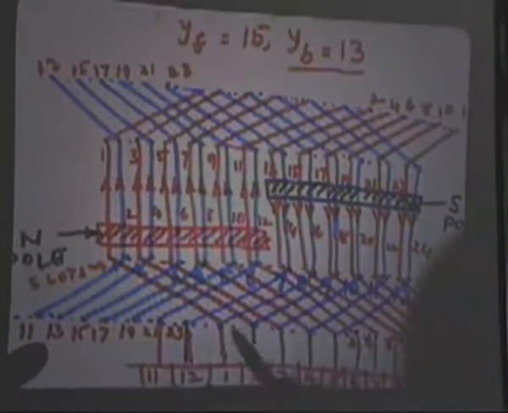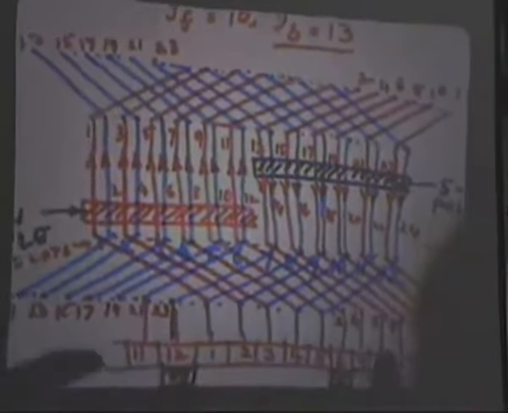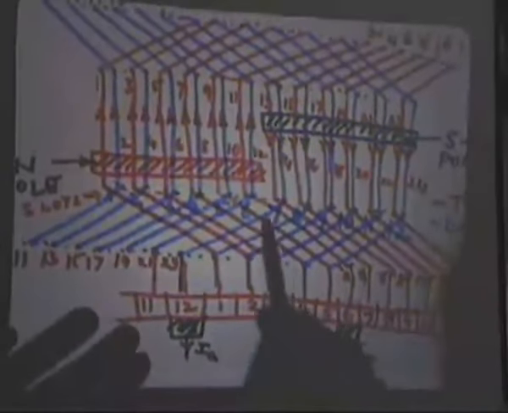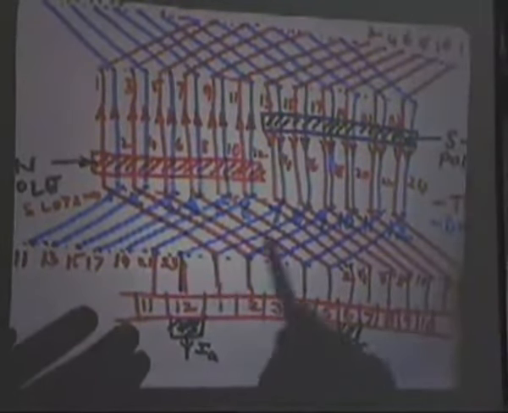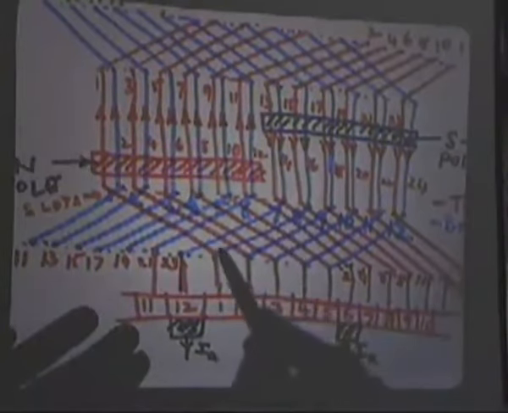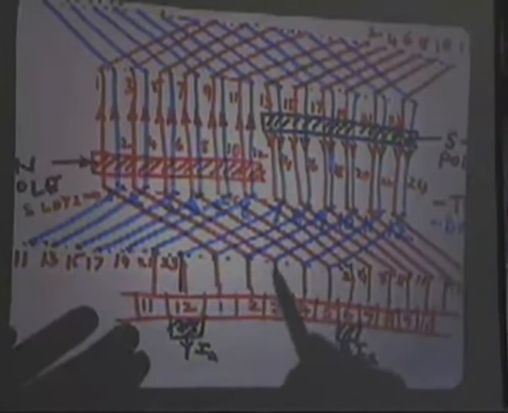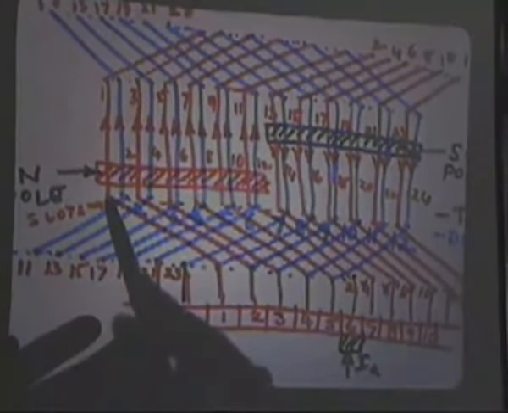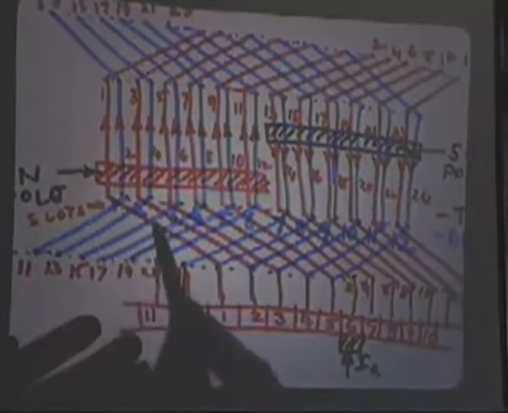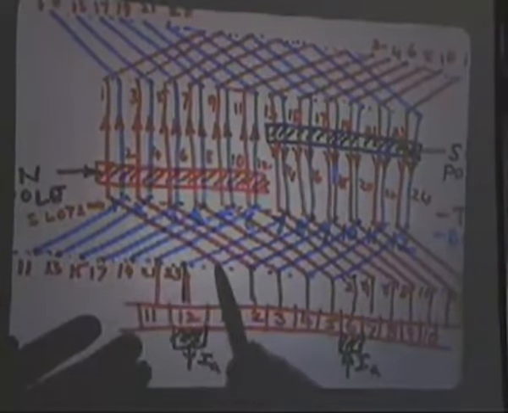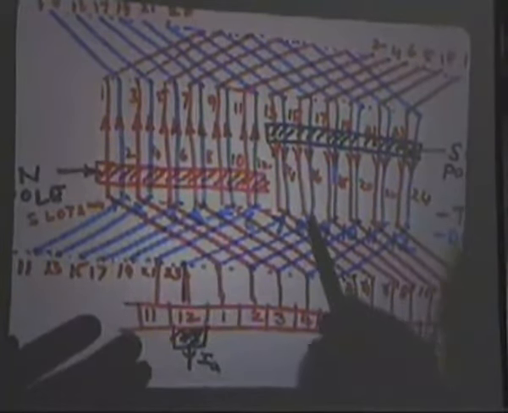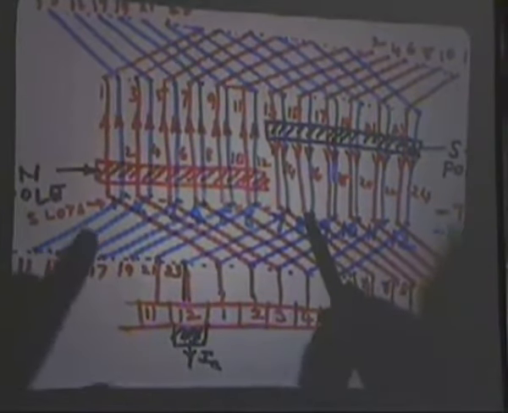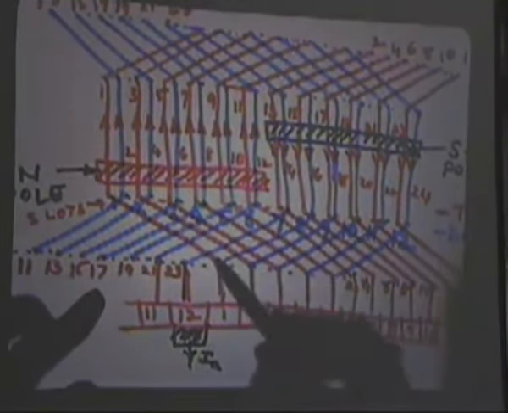Okay, now these junctions are all connected to the commutator segments. So you will see that all of these from the front side are all connected to the commutator segments. Let us say the coil side which is connecting coil side 1 to coil side 16. That means the front side, after this earlier one, it returns through coil side 1.